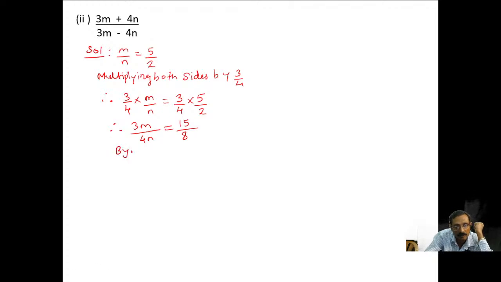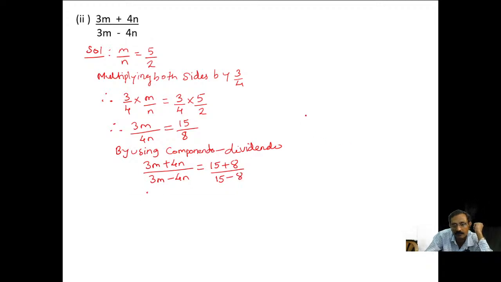By using componendo and dividendo, 3m plus 4n upon 3m minus 4n is equal to 15 plus 8 upon 15 minus 8.